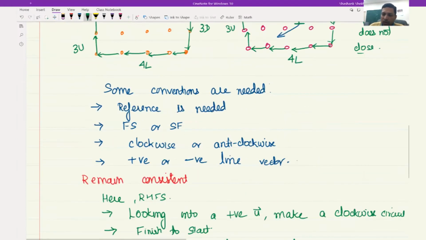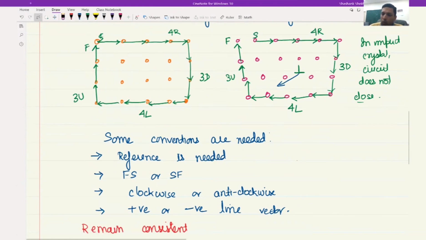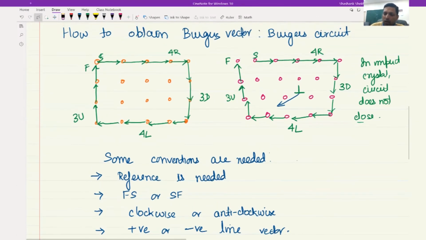So based on this, you can see that we have over here finish to start, and therefore here this vector would be this one. This would be defined as the Burgers vector for this edge dislocation. Now you will have to ask yourself whether I would get the same Burgers vector if I had defined the line vector in the opposite direction.